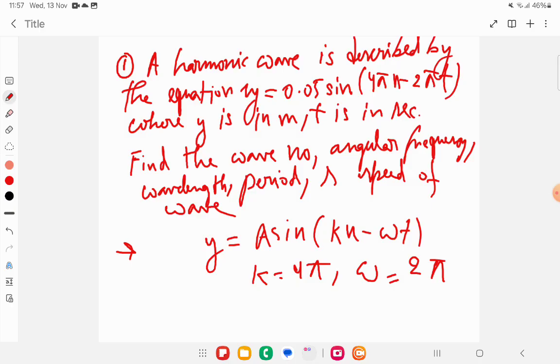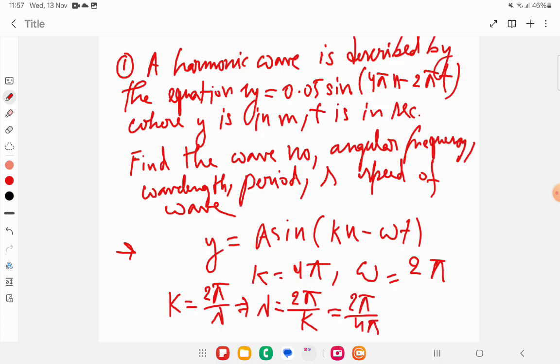We know that k is equal to 2 pi by lambda. So lambda is equal to 2 pi by k, which is 2 pi by 4 pi, which is half meter.